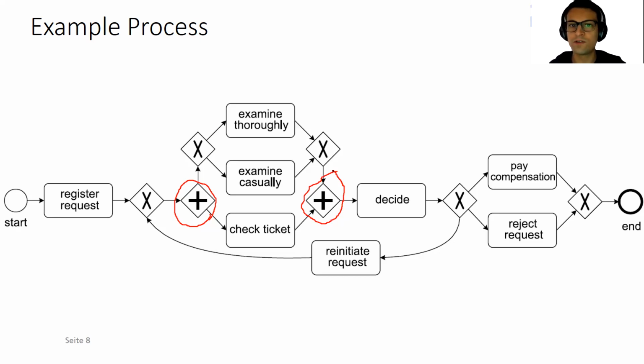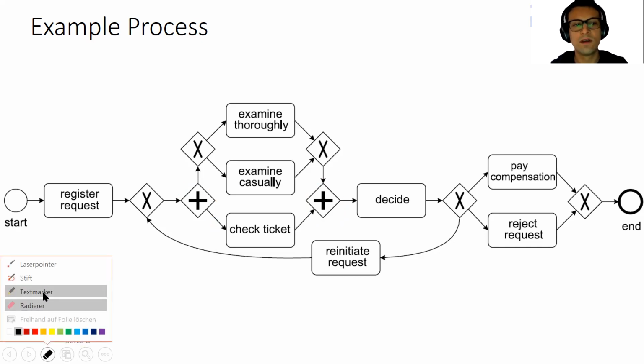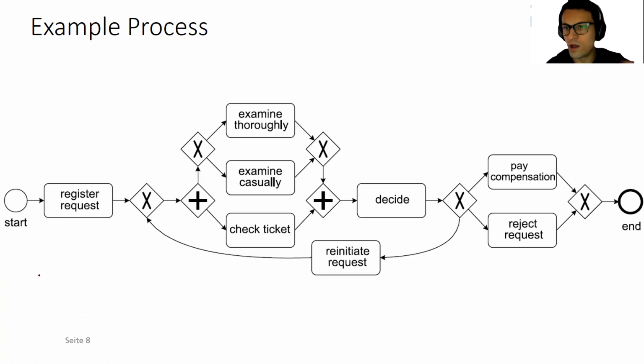Because you've split yourself into two, once you've done either the thorough or the casual examination and the ticket check, you'll have to merge yourself because you've split yourself at the previous concurrency point. So you're coming from two arcs into this diamond with a plus. So when you have a diamond with a plus, you always expect that you're walking over all its incoming arcs, and then you merge into one piece again.